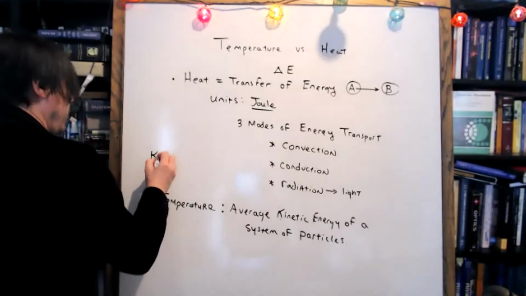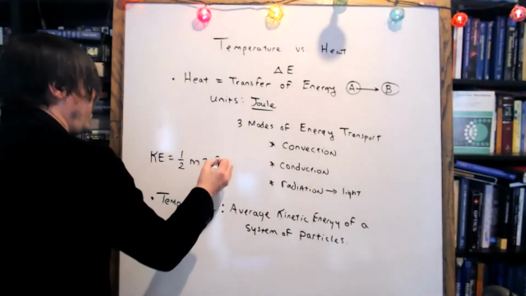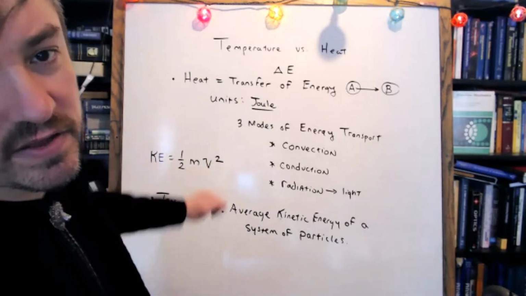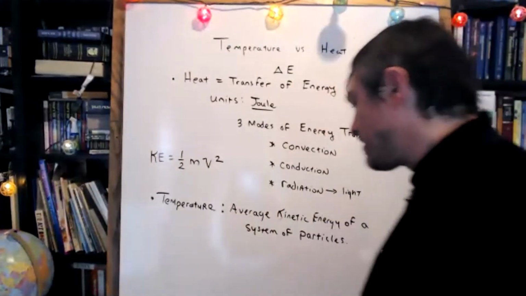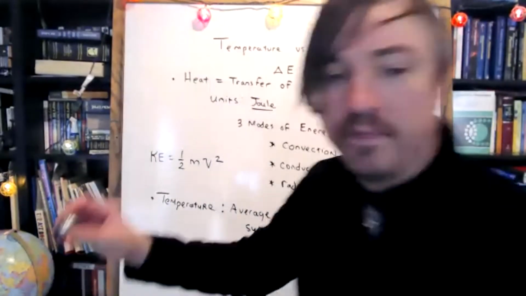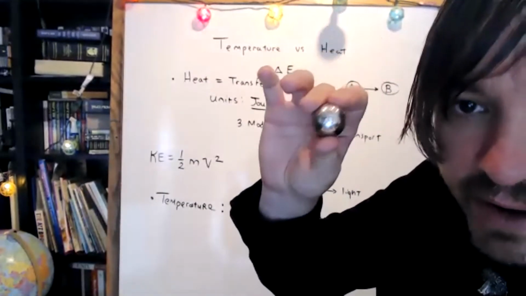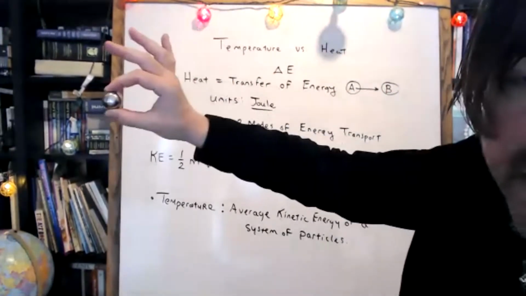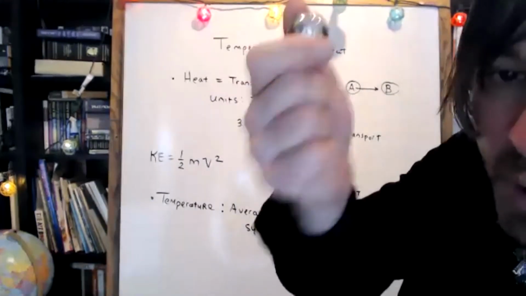Kinetic energy, the formula, which we learned last class, is 1/2 times the mass of a particle times its velocity squared. And what that says to me, Nori, is that to have kinetic energy, I need an object with mass, like this steel ball bearing, and it needs to have a velocity through space.